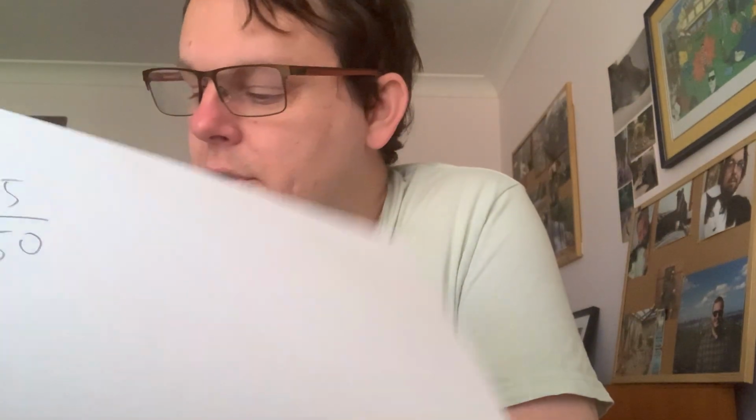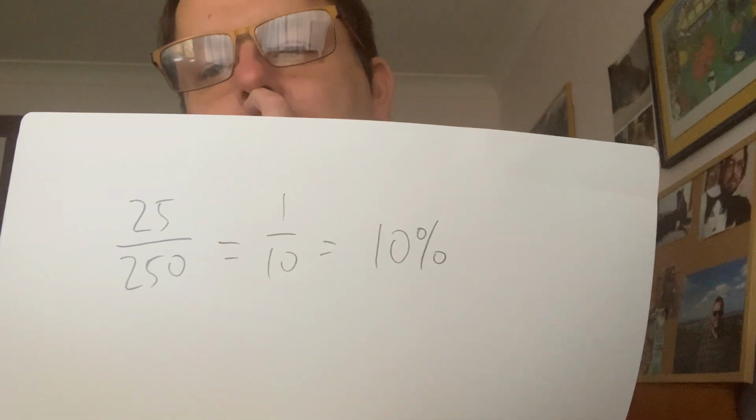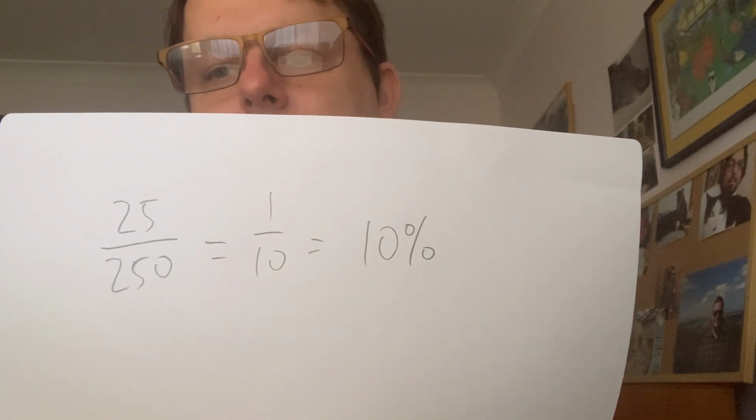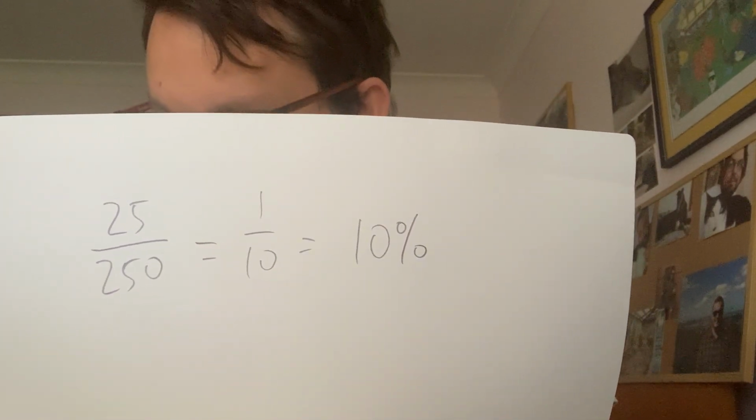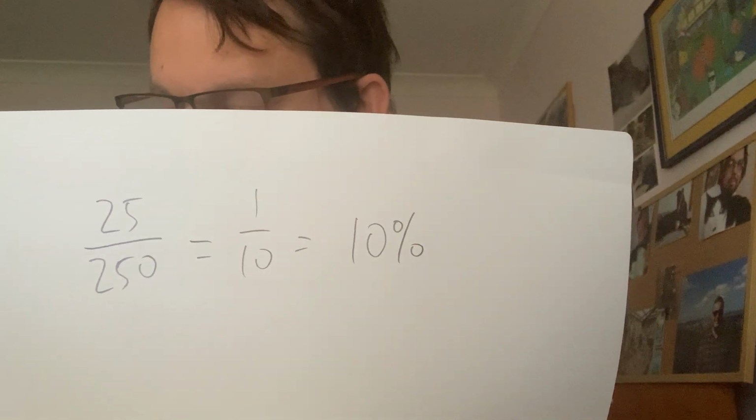Because we've changed that 2.5 metres to 250 centimetres, okay? Now, when you look at that fraction, we can see immediately that that's going to simplify quite easily. 25 over 250 simplifies to 1 over 10, simplifies to 10%. All right, so that's the way to do question 4.